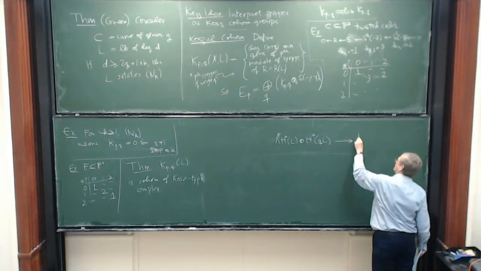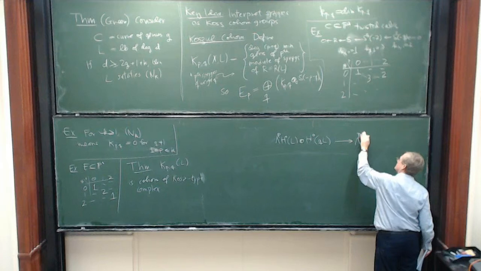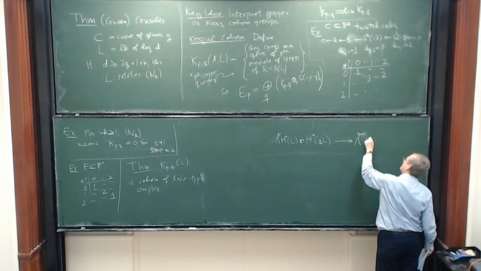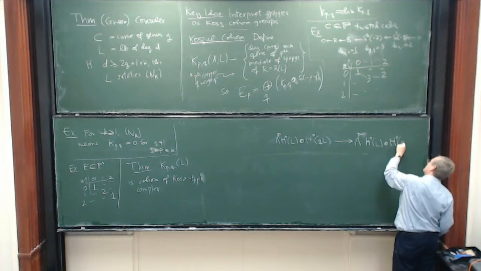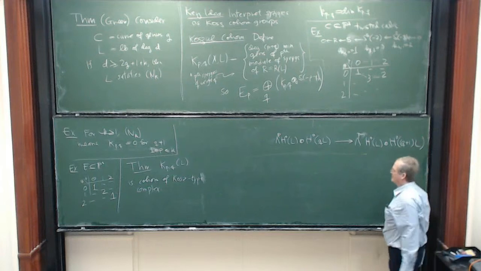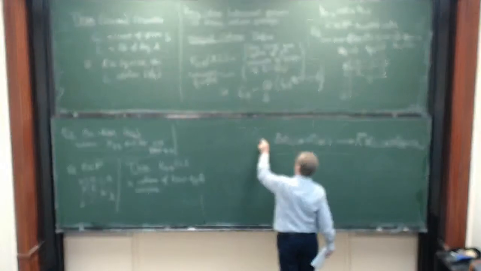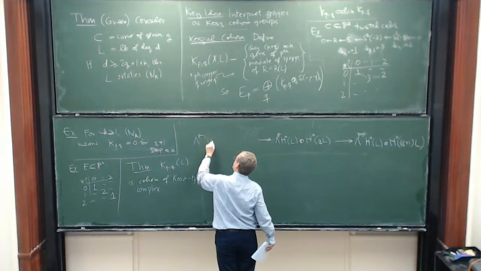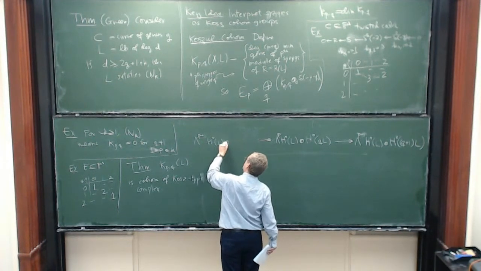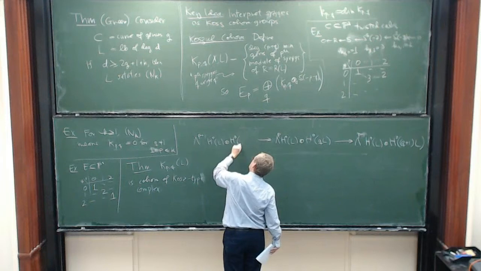So it's going to be wedge p minus 1 H^0 of L times H^0 of (q plus 1)L. So I decrease the p's and I increase the q's. And this is going to receive a map from wedge p plus 1 H^0 of L times H^0 of (q minus 1)L.